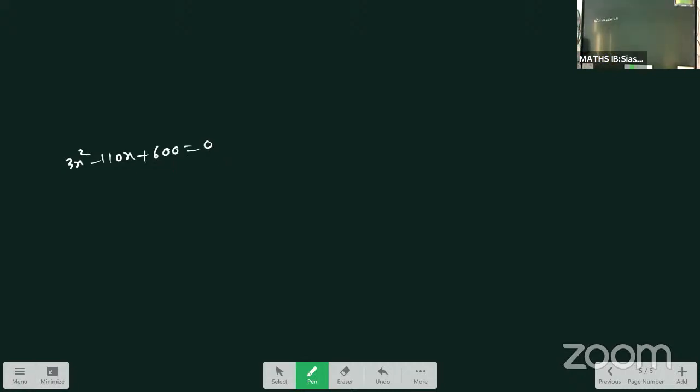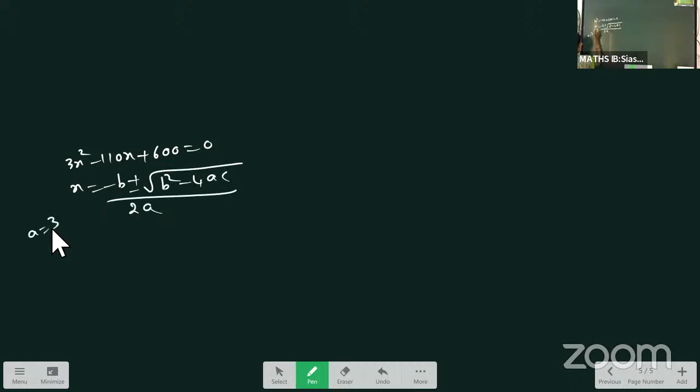When we do not get factors, we know x is equal to minus b plus or minus under root b square minus 4ac, by 2a, where a is 3, b is minus 110 and c is 600.